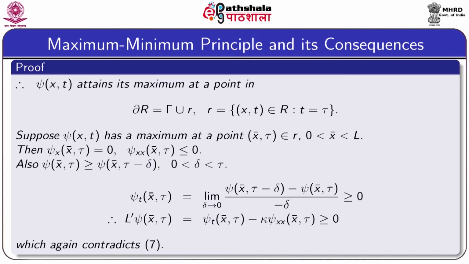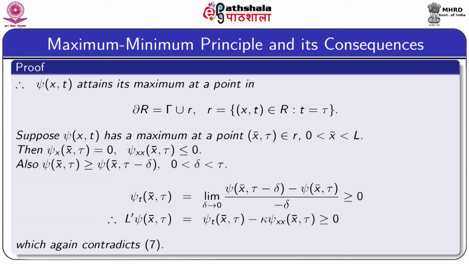Since we have assumed that ψ attains its maximum at the point (x̄, τ), its first order derivative is 0 and the second order derivative at the point (x̄, τ) is less than or equal to 0. Now, ψ at the point (x̄, τ) is greater than or equal to ψ at the point (x̄, τ - δ), because ψ attains its maximum at the point (x̄, τ).